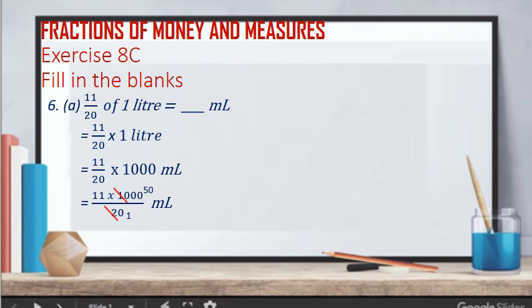Right? And now children, this is equal to 550 milliliters. And this is our answer. That is 11 by 20 of 1 liter is equal to 550 milliliters. Now let's come to the next question.